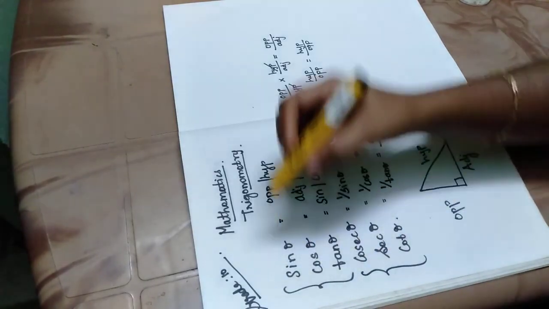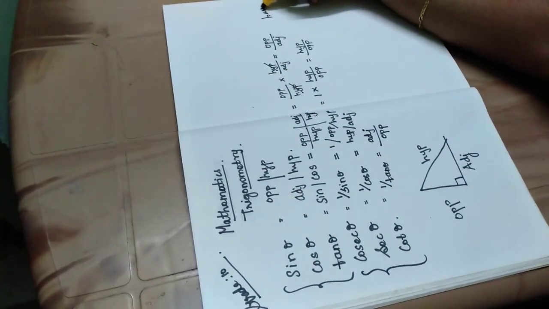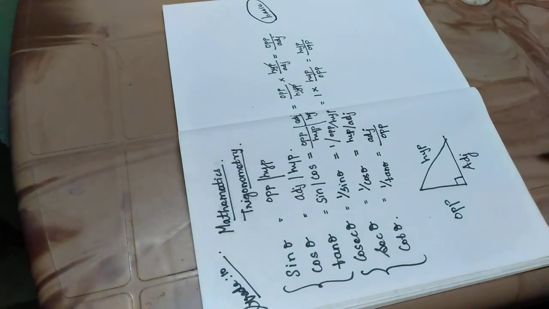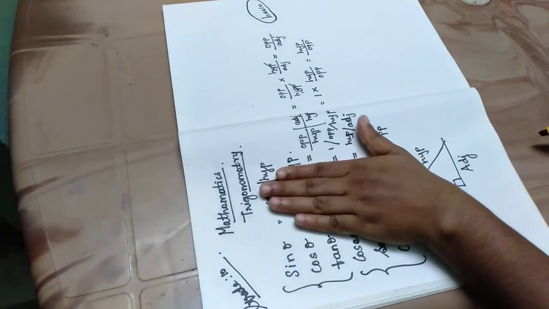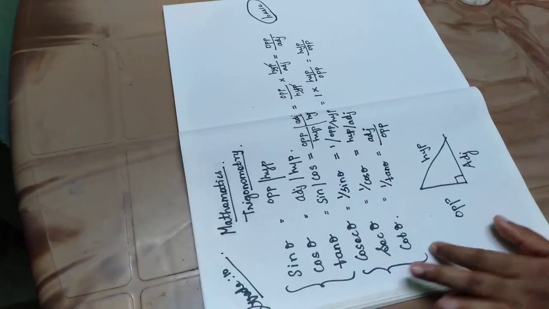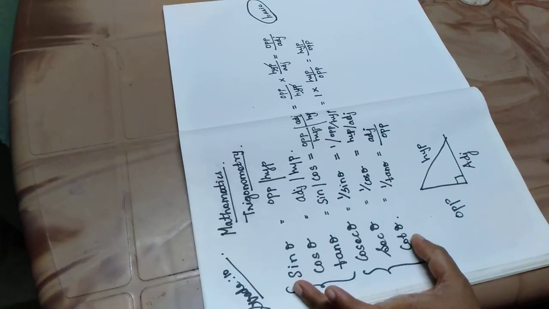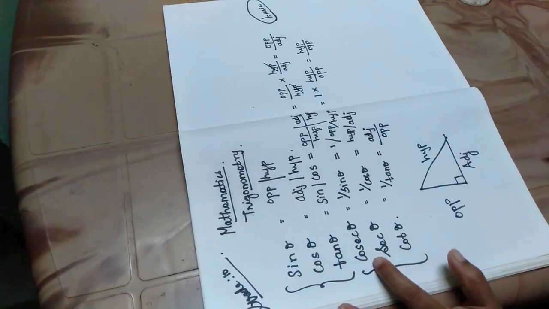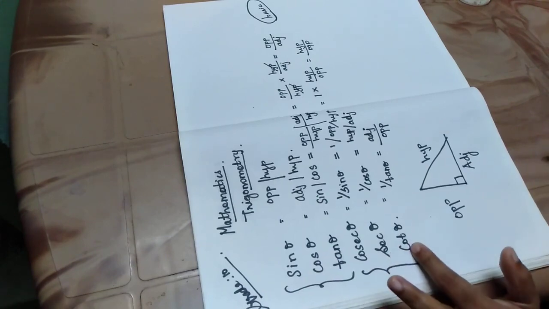These six are the basic things we will use in trigonometry. Once you hear the word trigonometry, the six formulas have to come to your mind: sine, cos, tan, cosecant, secant and cot.